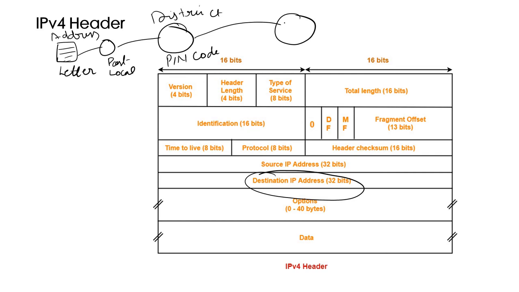Let's suppose this is our same state. Then that state will decide, okay, this belongs to some different district. It will go to that district head post office, and then the head post office will have a look at the address, and it will send it to the corresponding local post office. That local post office will have that address in their area, and they will deliver that letter.